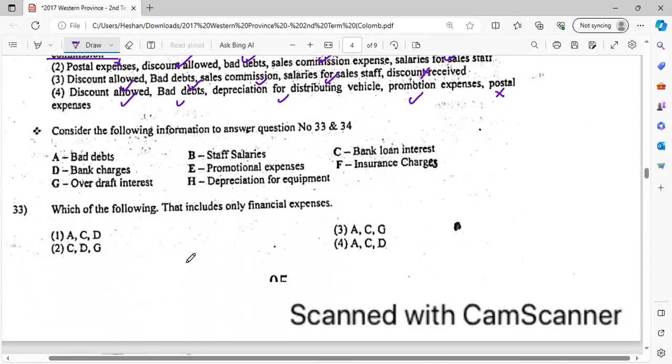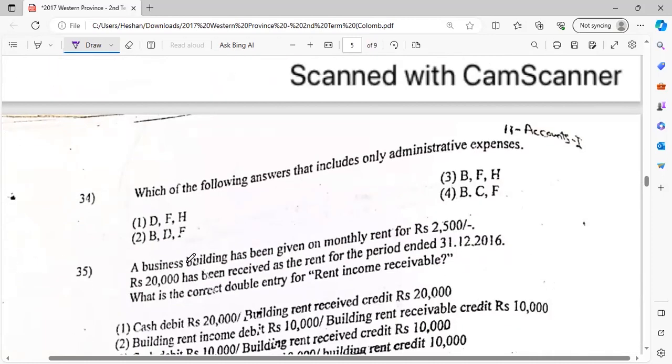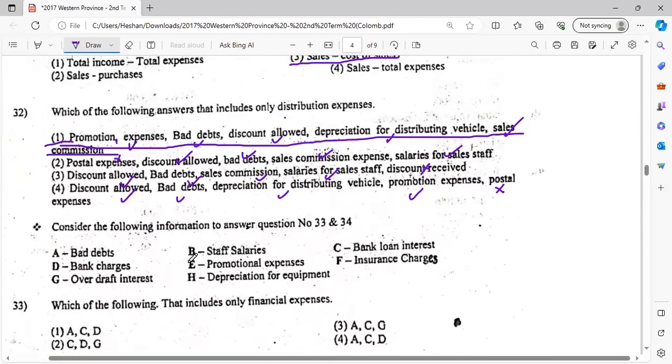Consider the following information to answer questions 33 and 34. We don't need to read this one. Which of the following includes only financial expenses? Bad debt, no. Bank charges, yes.